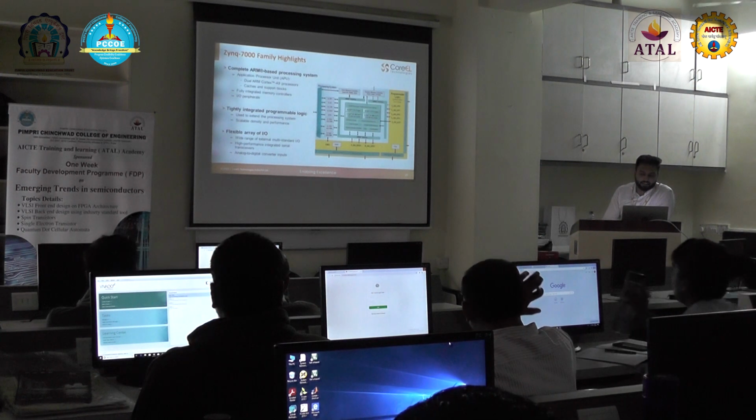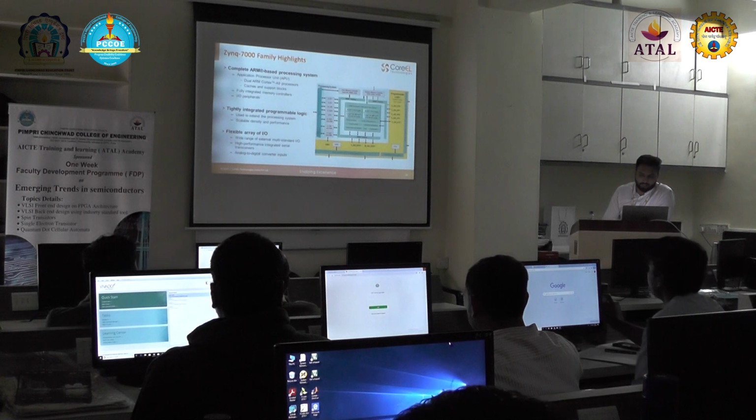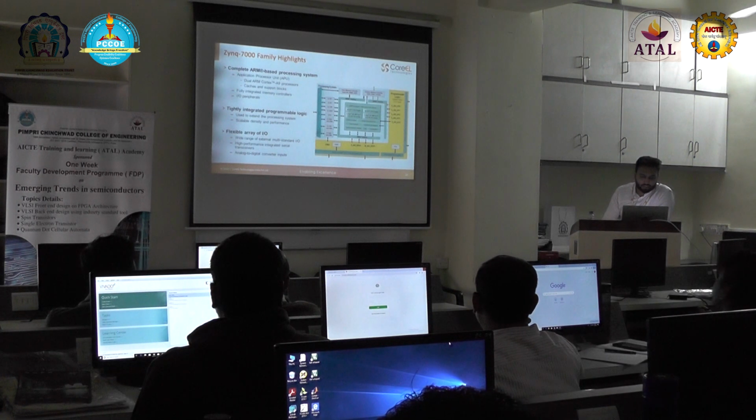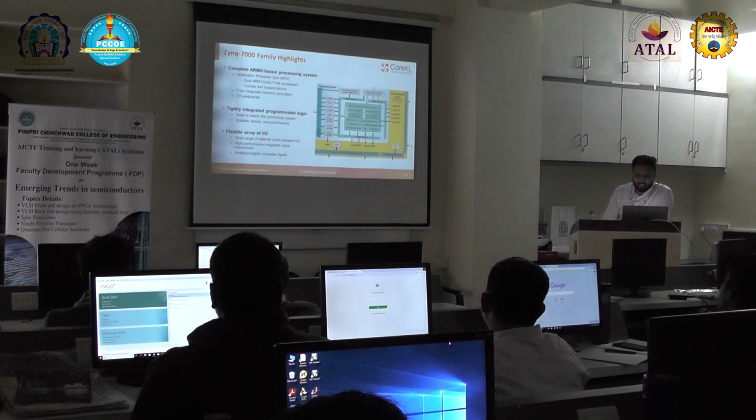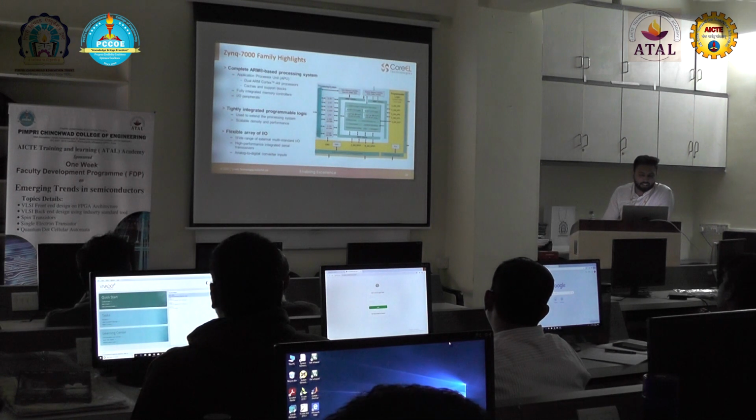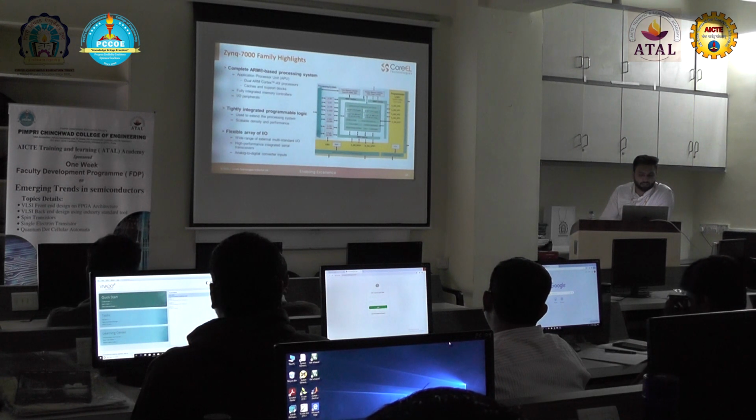And this grey part is the PS part, the processing system. So this programmable logic is used to extend the processing system. The programmable logic is connected from here to the processing system, and from here to the processing system. So the PL can access SPI, I2C, all the IO peripherals, by interconnecting to the PS part.